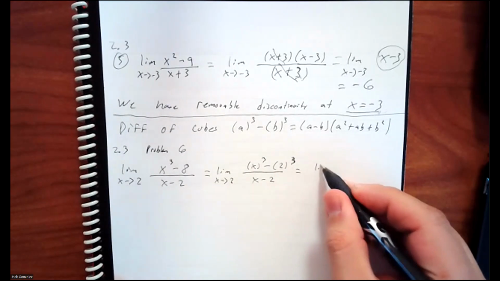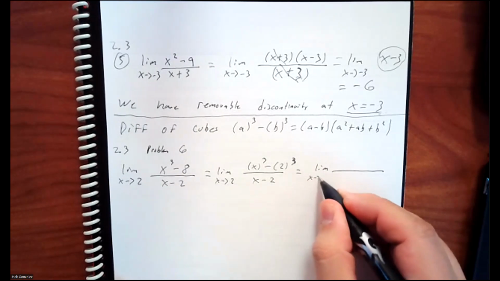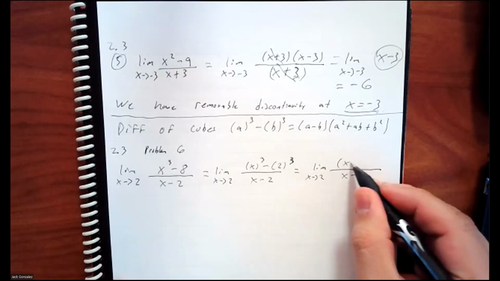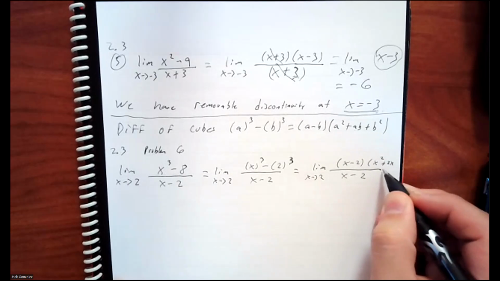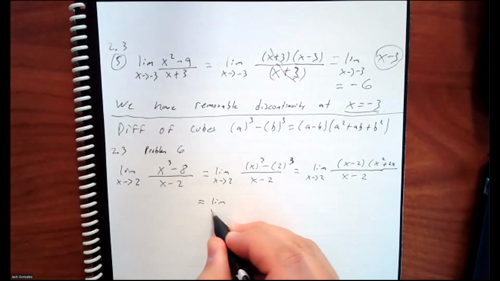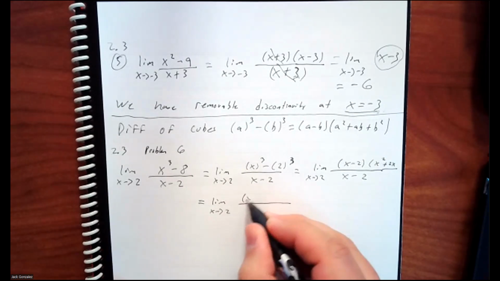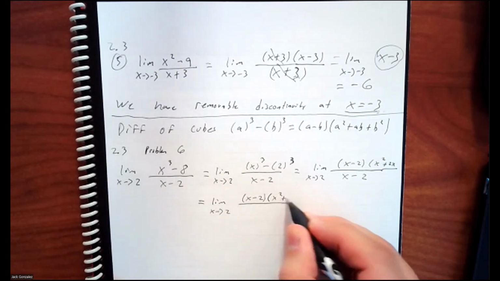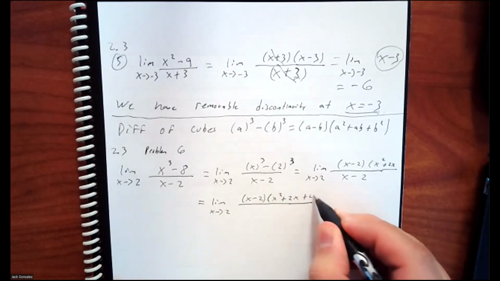Which will then be x minus 2 times x squared plus 2x plus 4.